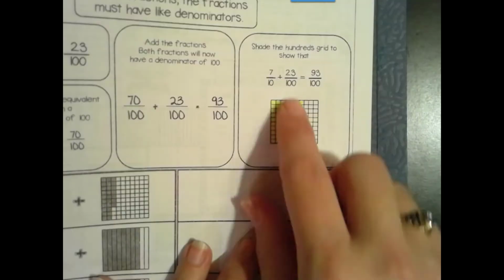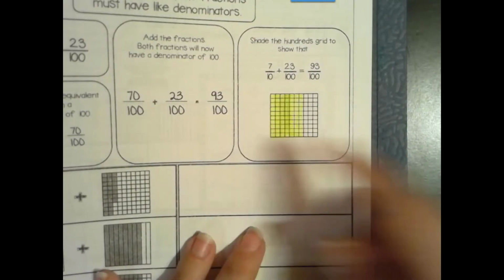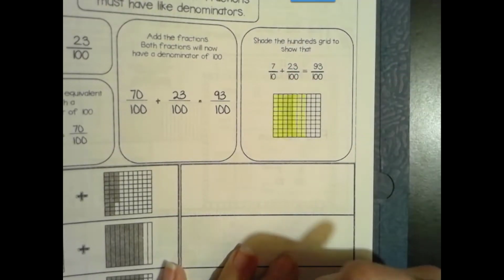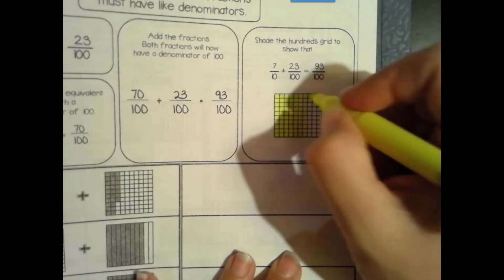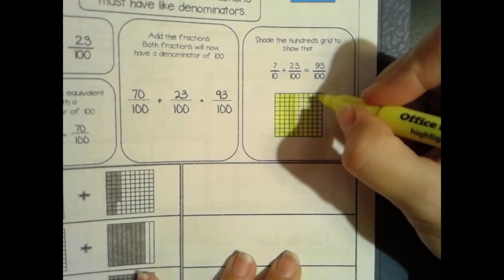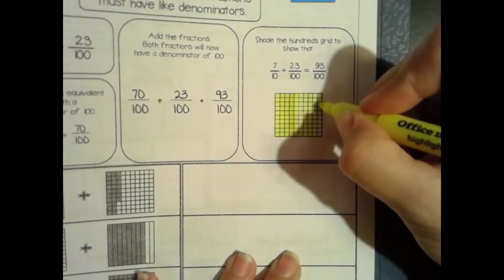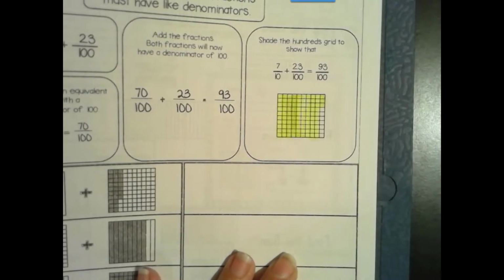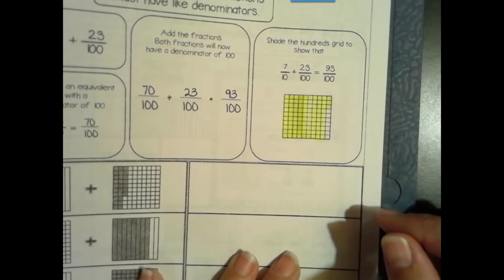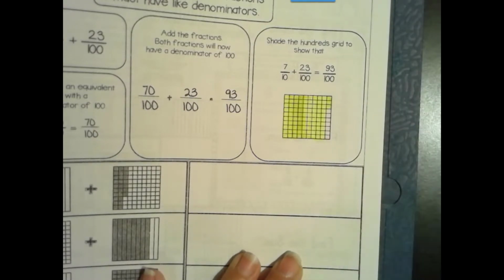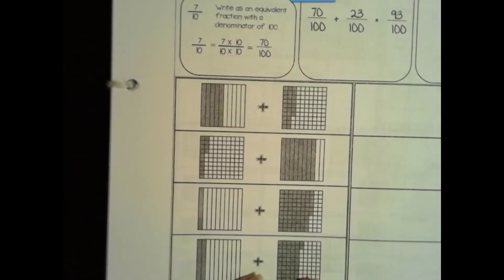So we fill in 7 columns to represent our 70 hundredths, our 7/10, and then we fill in 10, 20, 1, 2, 3 hundredths, and we end up with the total being 93 hundredths, with only 7 hundredths left over. So that's what we're going to be looking at here.